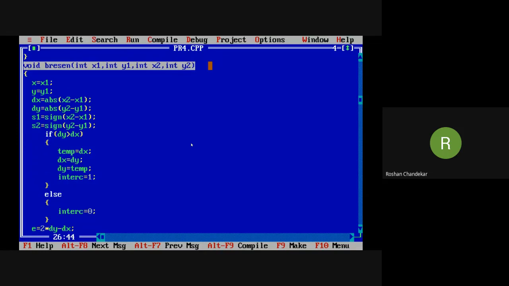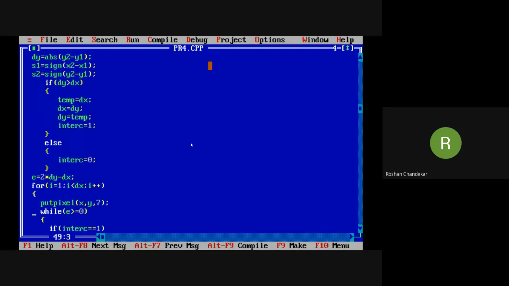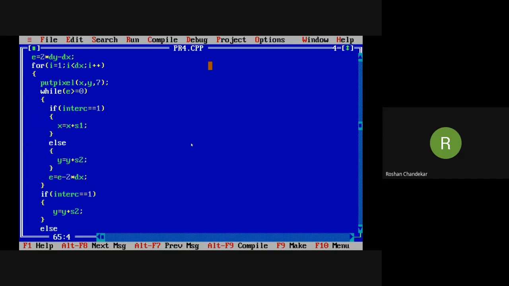Now, there is no need to describe the algorithm, because we have already discussed how to draw a line using Bresenham, and we have already discussed the program of this Bresenham algorithm. So I'm not going to explain how it works. We take dx and dy, then x1 and y1, put pixel, and all the values, and we draw the polygon.